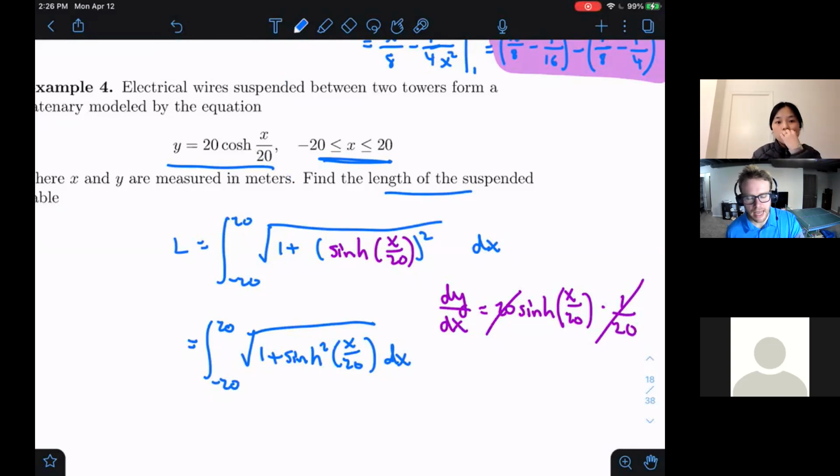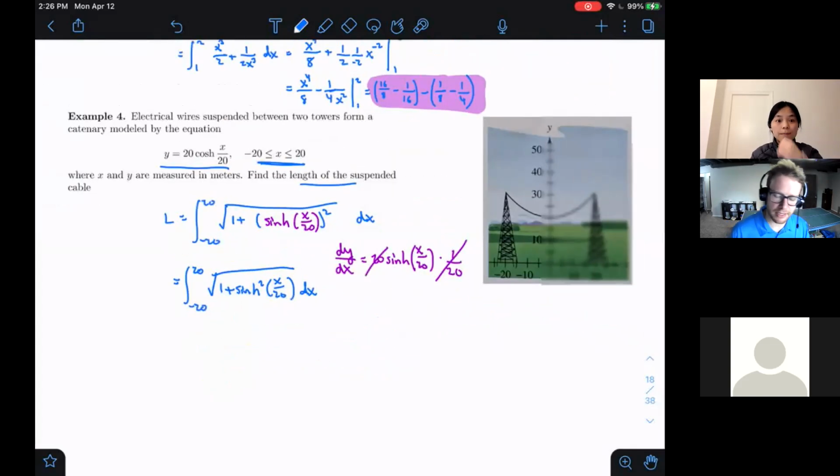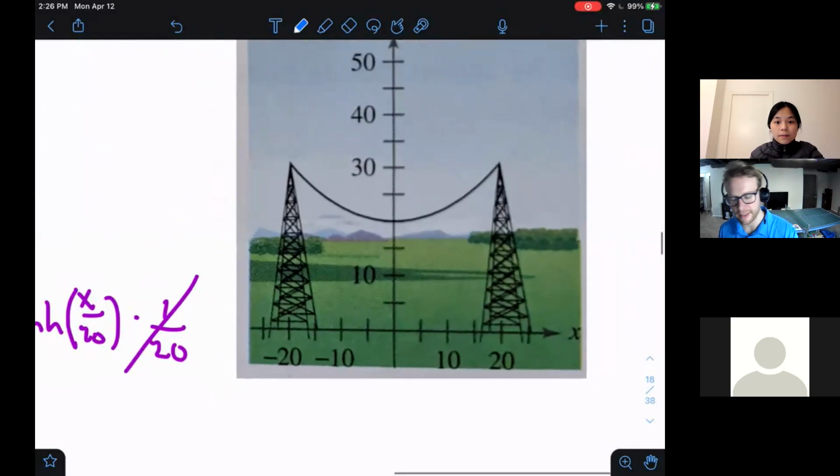It's not obvious at this point. Maybe it is from the picture, that this is quite nice. And so you could say, if I can find the length of this bit right here, then I can just double it and have the total length. So yeah, you can, because the picture was provided, but unless you know something about the symmetry of the problem, it's a bit risky. Does that kind of make sense? Sure. Yeah. Cool. All right, for sure.